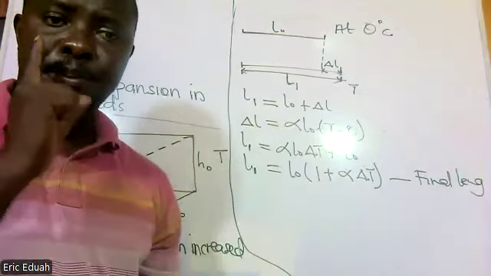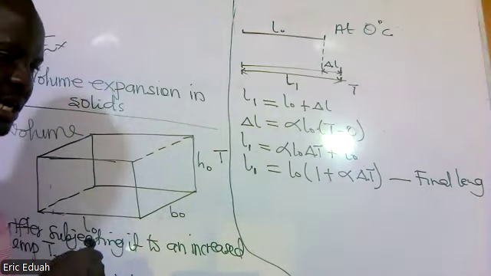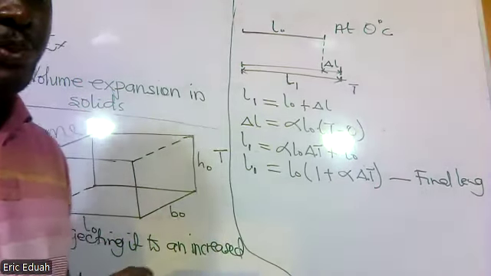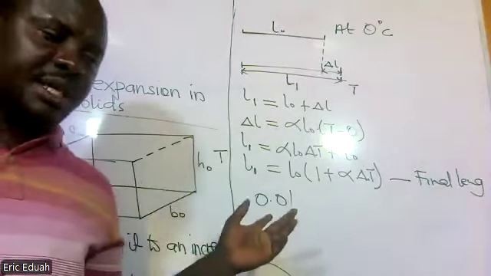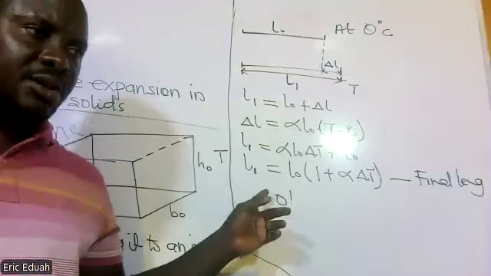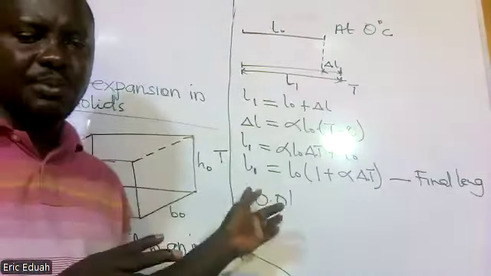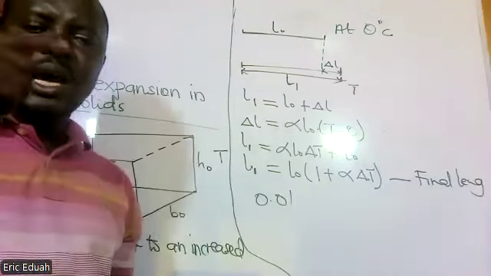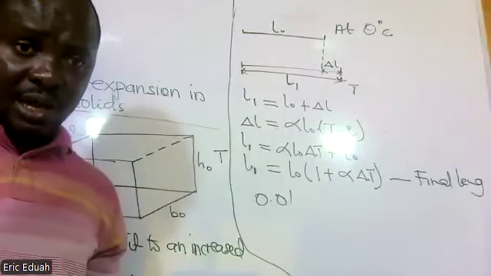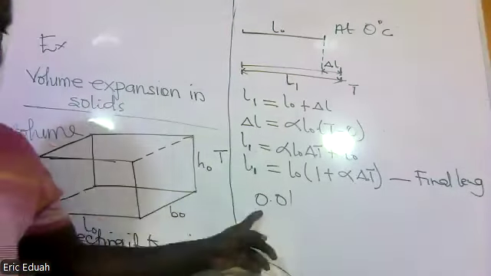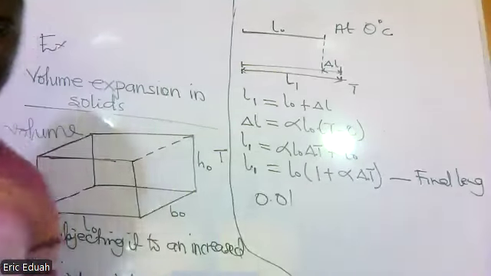So if a material has a coefficient of linear expansivity of 0.01, what it means is that the change in length per unit length of the material per Kelvin or degree rise in its temperature is equal to 0.01, meaning at a change in temperature of 1 Kelvin or 1 degree Celsius, the material expands by 0.01 meter length. That is basically it.